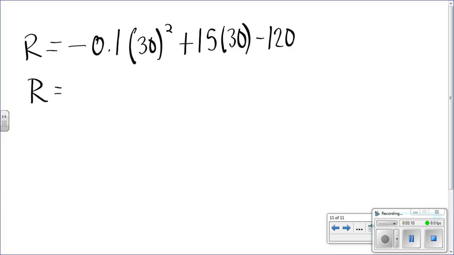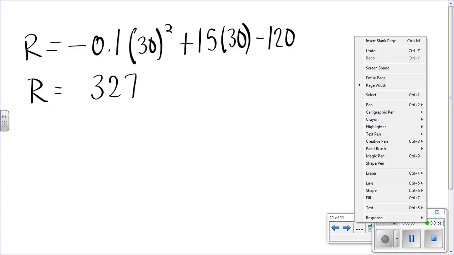What is that? 327? So does that mean I'm making $327? I got 240. You got 240? So does that mean I'm making $240? Jacob's only told you that.